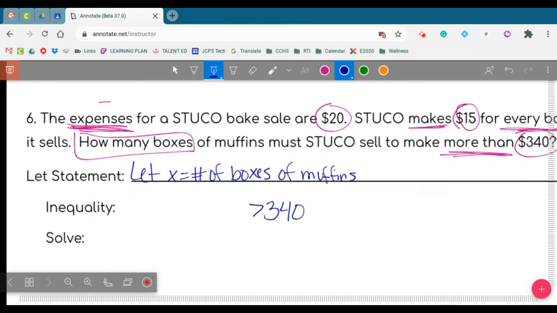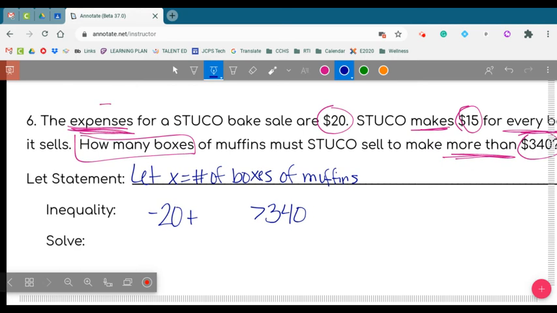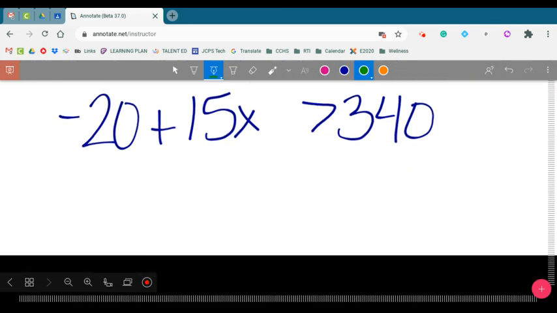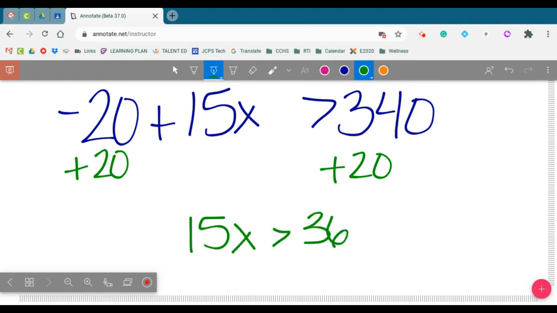Our expenses, remember how we talked about they're going to be negative. And then our profits are going to be positive, and it's $15 for every box. That "for every" means that's where our variable is going to go. And then we solve. Add 20. 15x is greater than 360.